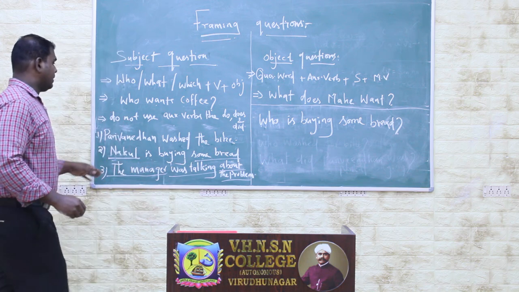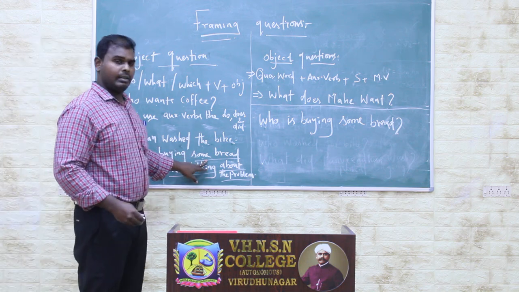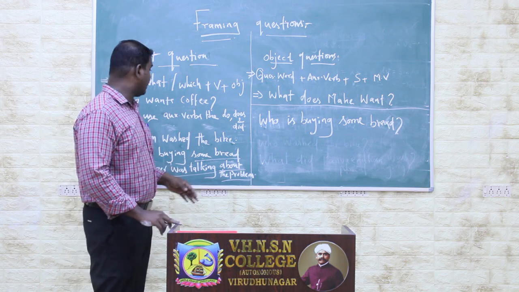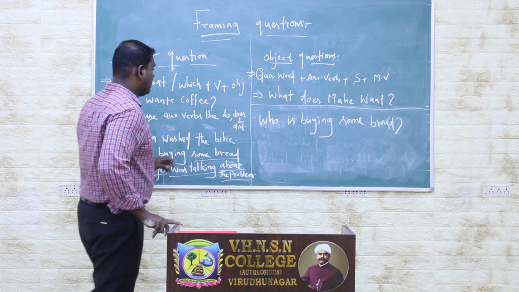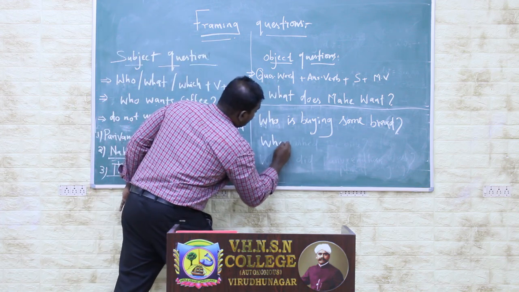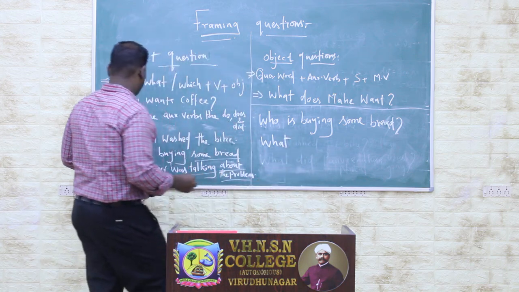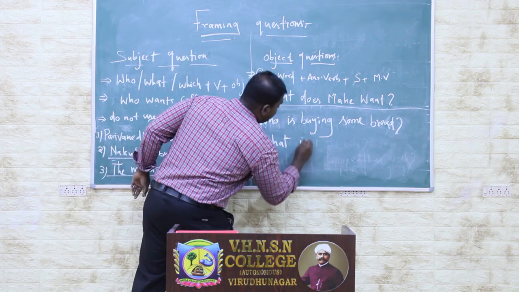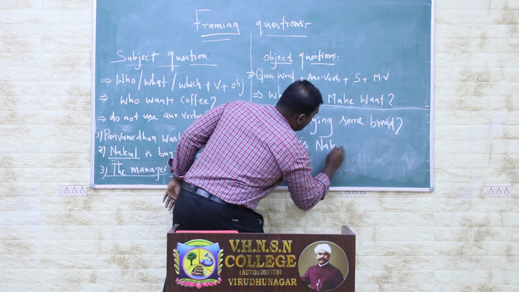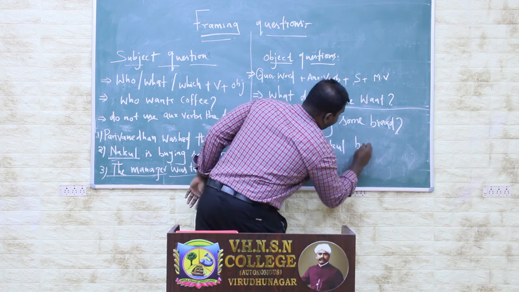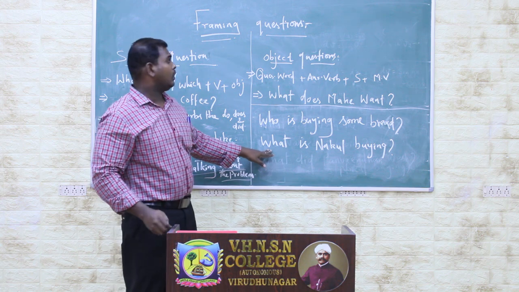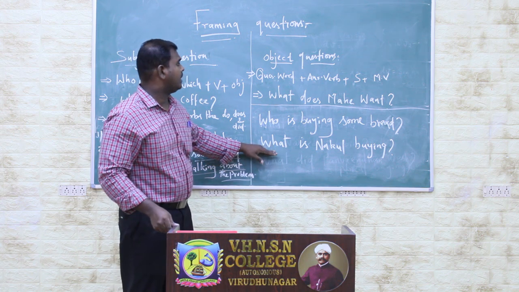For the object question, some bread is the object, it's a thing, so the question word will be what. According to this formula, what, then the auxiliary verb does, then the subject Nakul, then buying. So this is the right format to frame an object question in English.